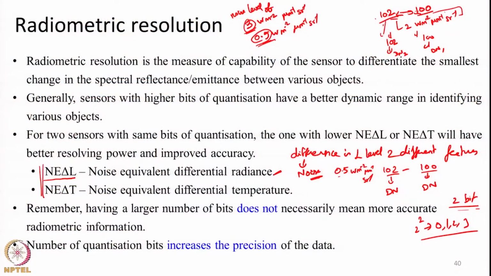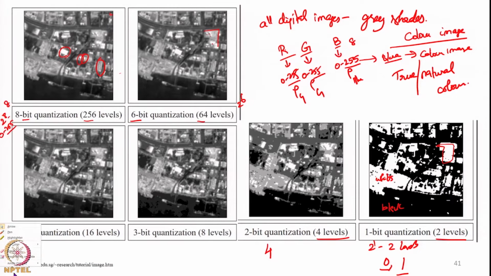So, if we combine them, the NE delta L or NE delta T will determine the accuracy with which the data is being observed by the system, and the number of quantization bits will determine with what precision we record the data. Even if accuracy is higher, again going to the same example, same data when expressed at lower values of quantization bits, the amount of information we get from the image decreases, or here we are decreasing the precision of the data.